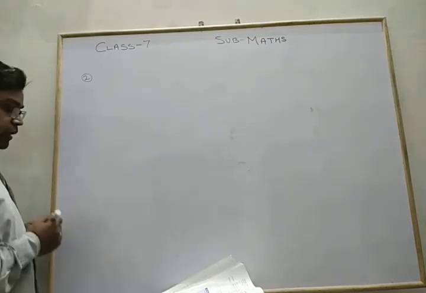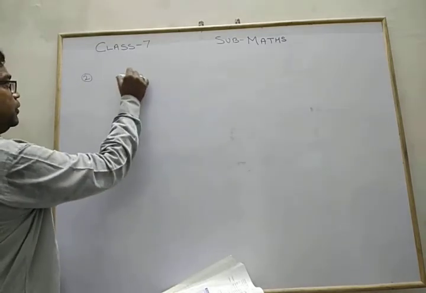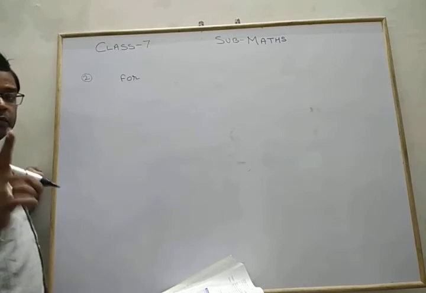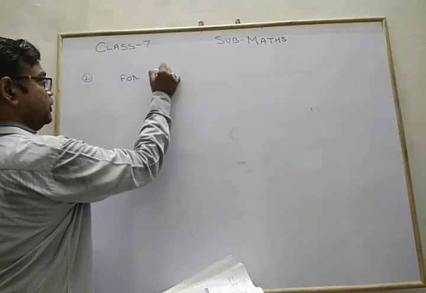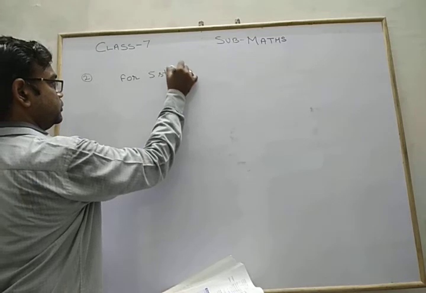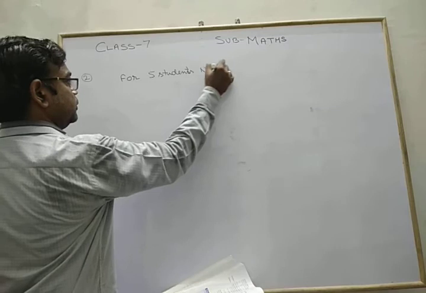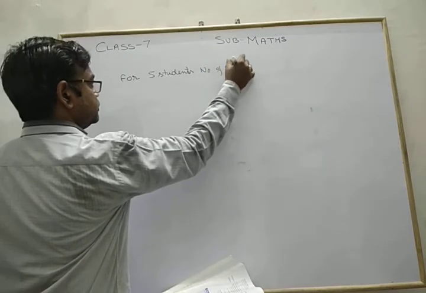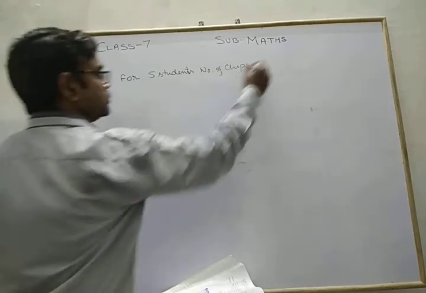So you must write down. I am using the unitary method. For 5 students, the number of chips equals 8 packets.